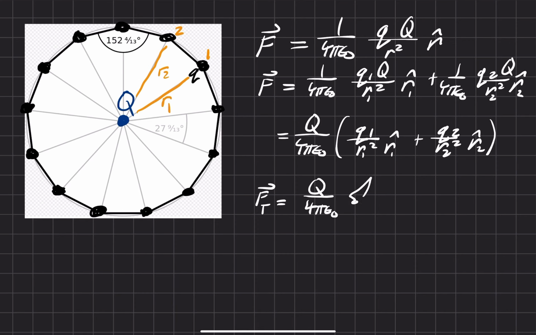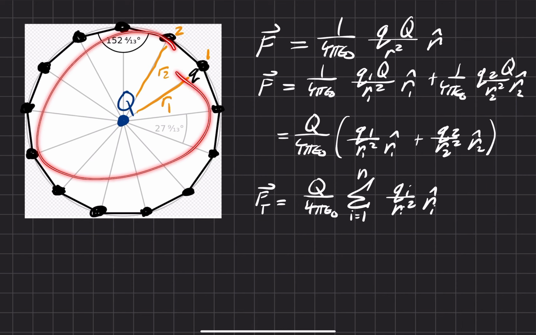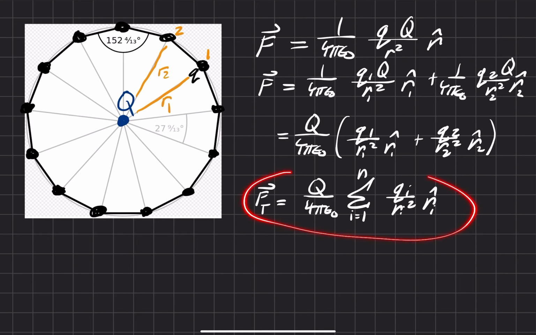It's equal to the summation, if we start with some index equals 1 all the way to n, if we have a general number of n charges, of qi over ri squared times ri hat, right there. So that would be the general term. If we had a number of n sides, because if we have 13 charges, we have 13 sides, right? So that directly answers this question.